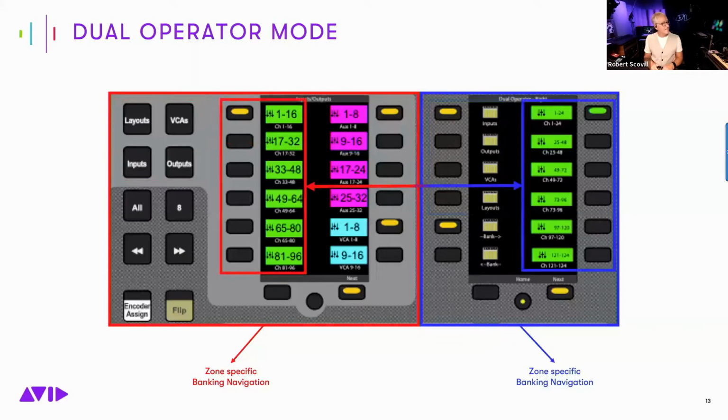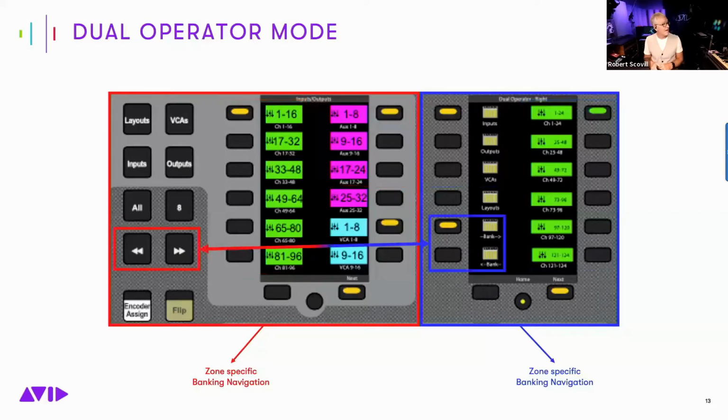Next part is the inputs navigation. As you can see, both the right and left user have inputs navigation here, and it's segmented depending on the amount of faders they have available to them. So you can see that the banks lay out a specific way depending on how many faders are available to each user. And then finally, we have the ability to nudge independently for each user.